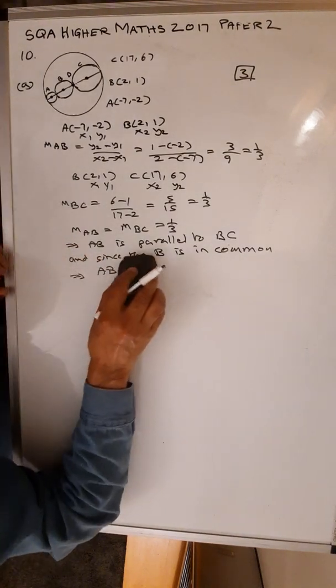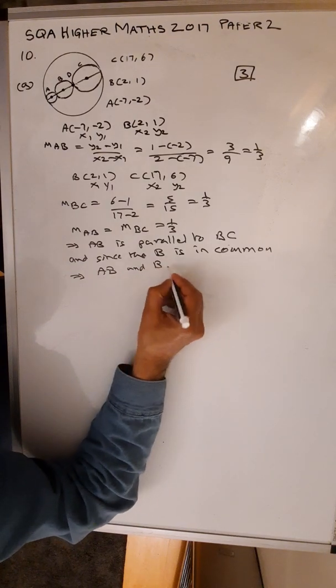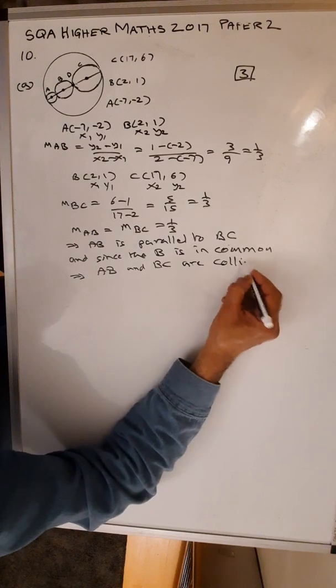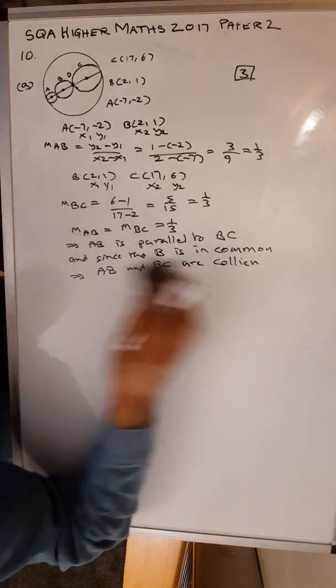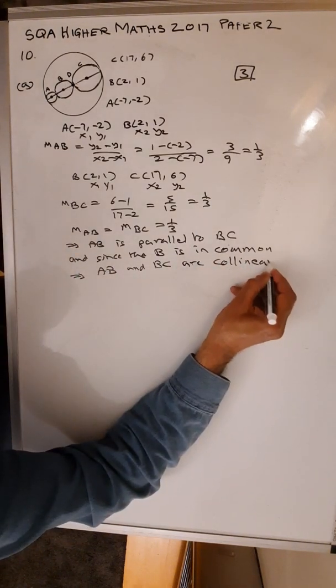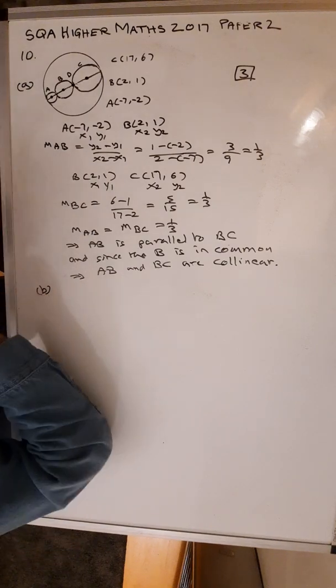They lie in a straight line. Collinear, that's for 3 marks. Then there's a part B.